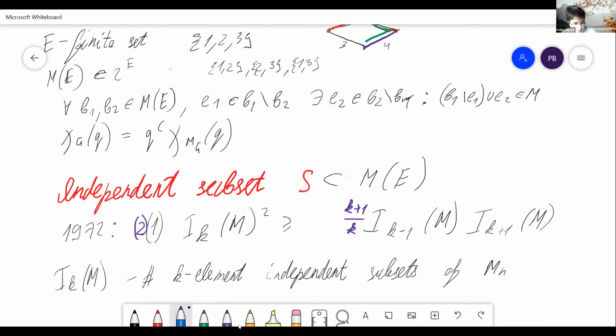Then he improved it once again and suggested this.